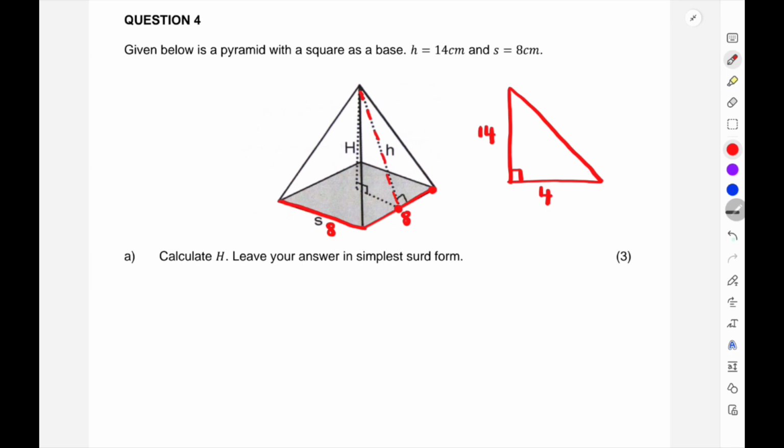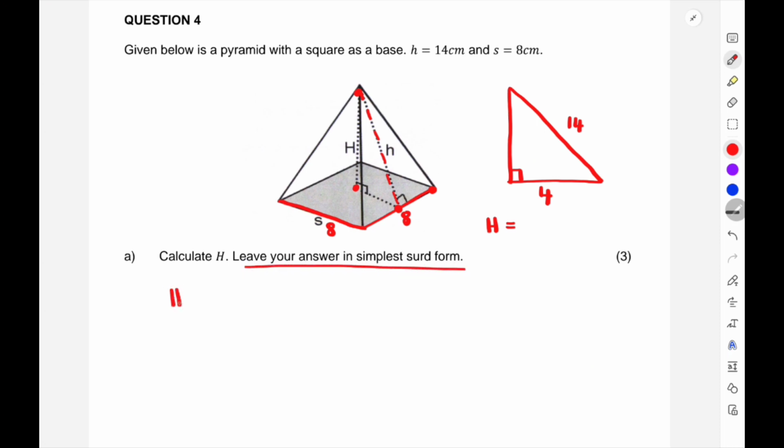Sorry, not there, the slanting side. Can you see I can find big H with Pythagoras? So 14 squared minus 4 squared gives you 180, and the square root of 180, and it says leave your answer in simplest surd form.